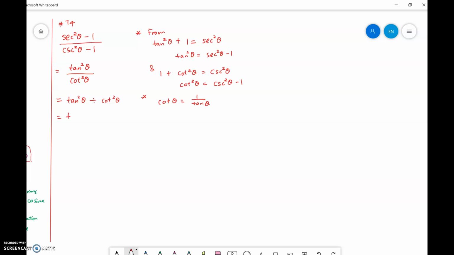And now I'm going to rewrite the cotangent squared in terms of 1 over tangent squared theta. Okay, so remember, dividing by a fraction is the same as multiplying by its reciprocal, where the reciprocal of 1 over tangent squared theta is just tangent squared theta. So tangent squared theta multiplied by tangent squared theta, we end up with tangent to the 4th power of theta.